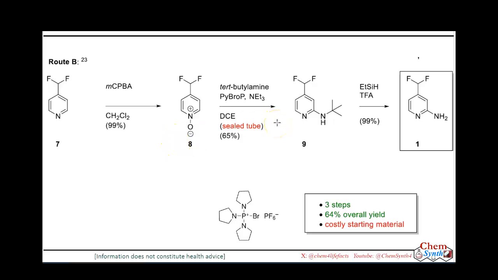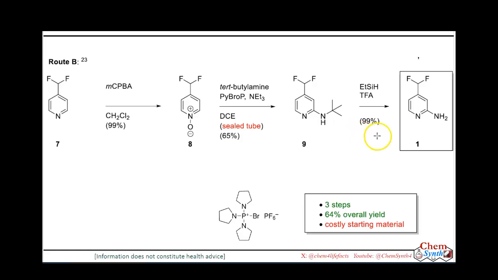And at this step, an amine group was introduced using tertiary butyl amine in the presence of PyBroP reagent, a phosphonium salt. So here is the structure of this PyBroP. You can see the tertiary butyl amine group has been introduced at the next position to this pyridine nitrogen, and that pyridine N-oxide was again converted back into the pyridine moiety.